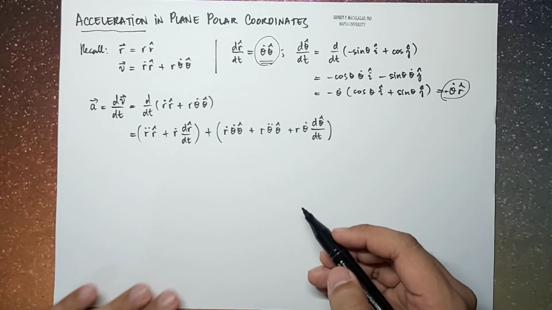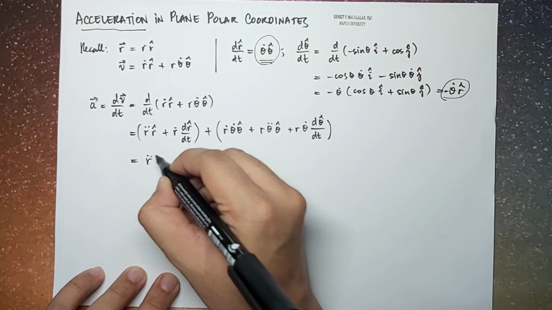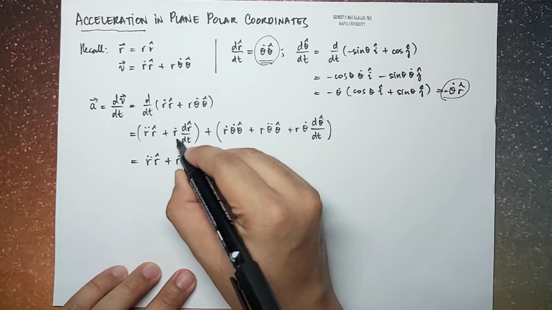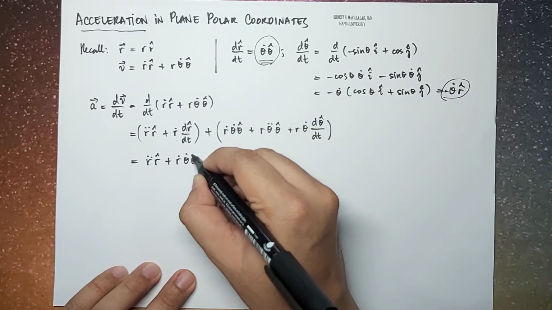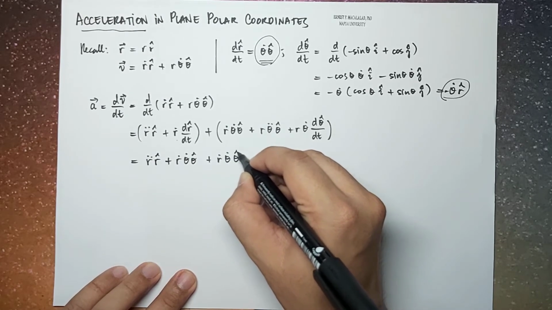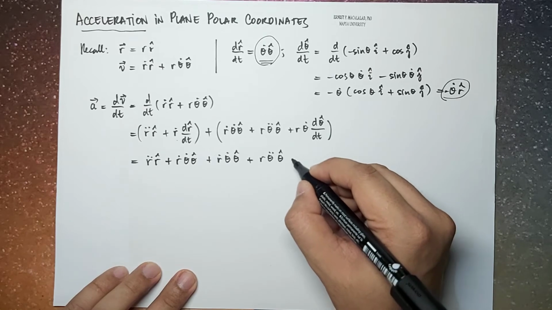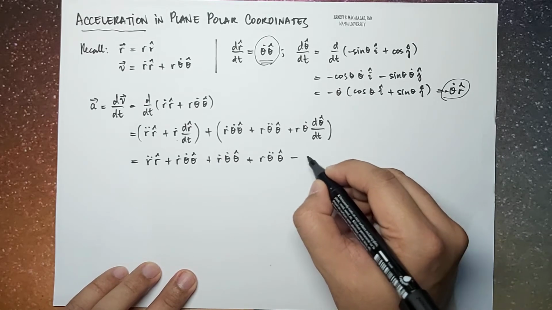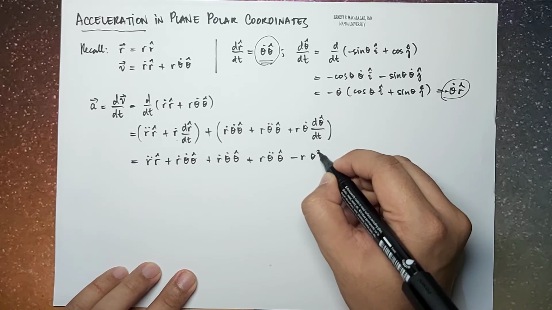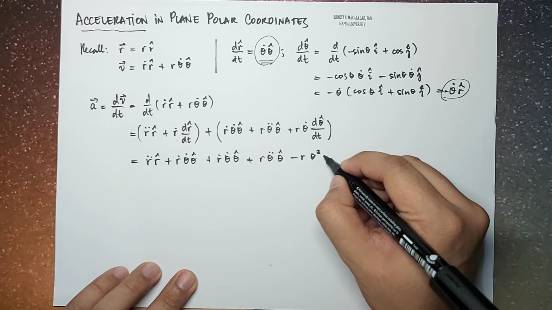So copying everything together, we now have r double dot r hat plus r dot theta dot theta hat plus r dot theta dot theta hat plus r theta double dot theta hat minus r theta dot squared r hat.